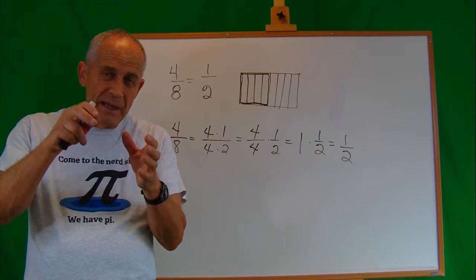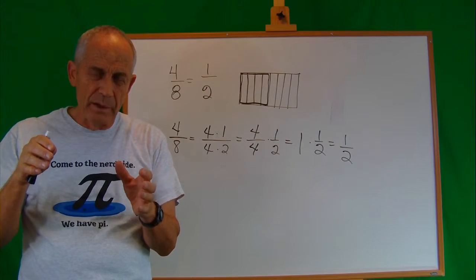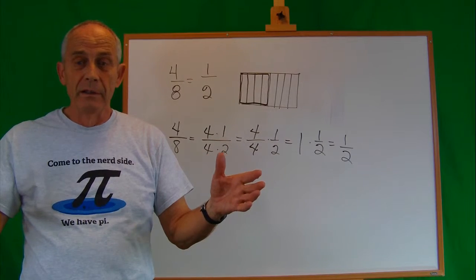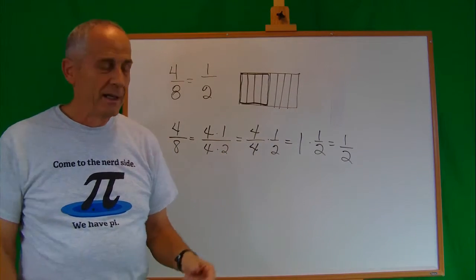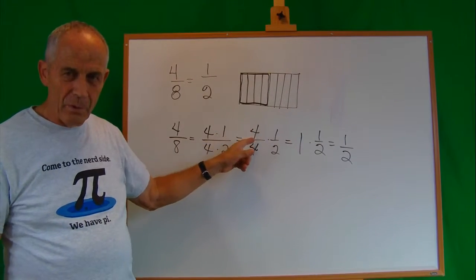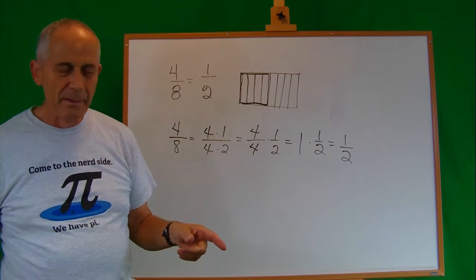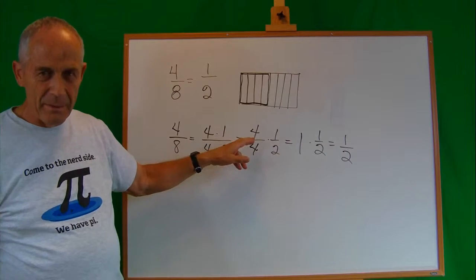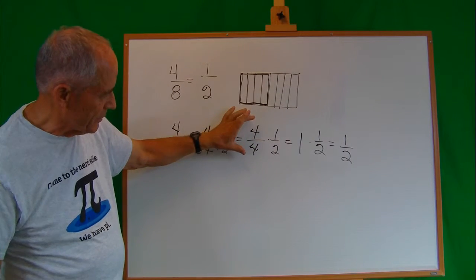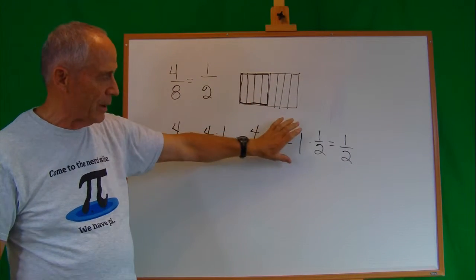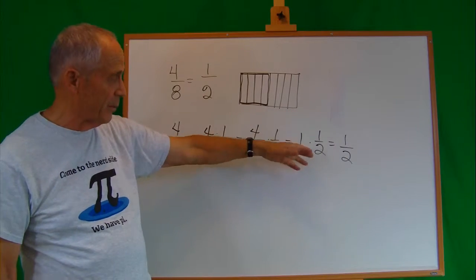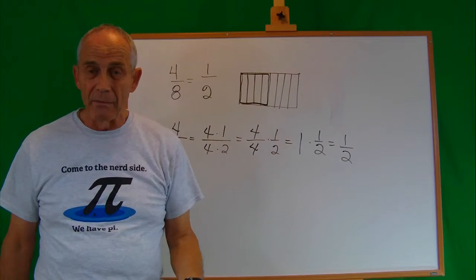And when something is common to more than one thing, oh, I used the word common. So 4 is a common factor of the numerator and denominator. The fact that it is a common factor allowed us to do this step where we had 4 over 4, and this step where we had the 1, and then 1 times the 1/2 gave us the 1/2.